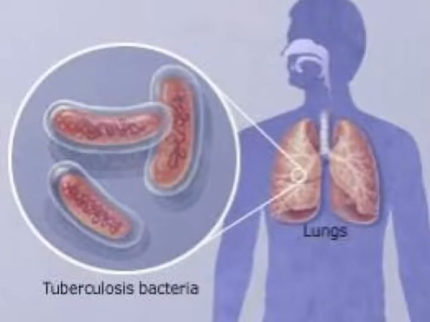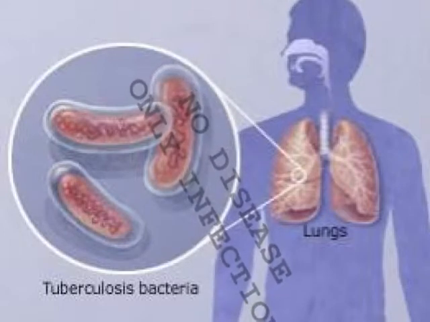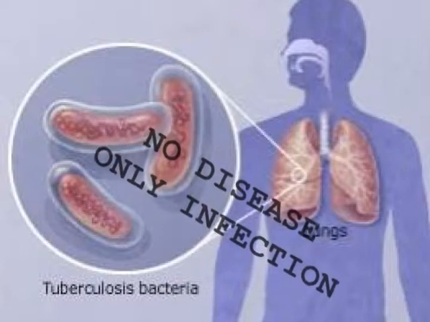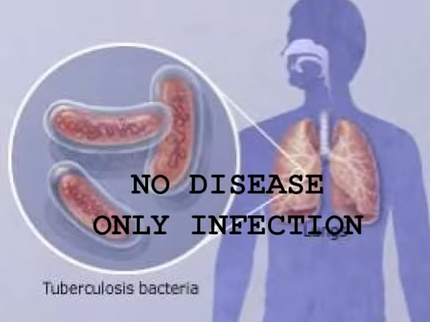Mycobacterium tuberculosis, the organism which is present everywhere, is also present in our lungs. So, does it mean that having Mycobacterium tuberculosis in our lungs, we have the disease? We all are suffering from the disease? The answer is no. The reason being, this organism is there in our lungs as we inhale it when we breathe in air, as it is present all over, as we call it, ubiquitous.